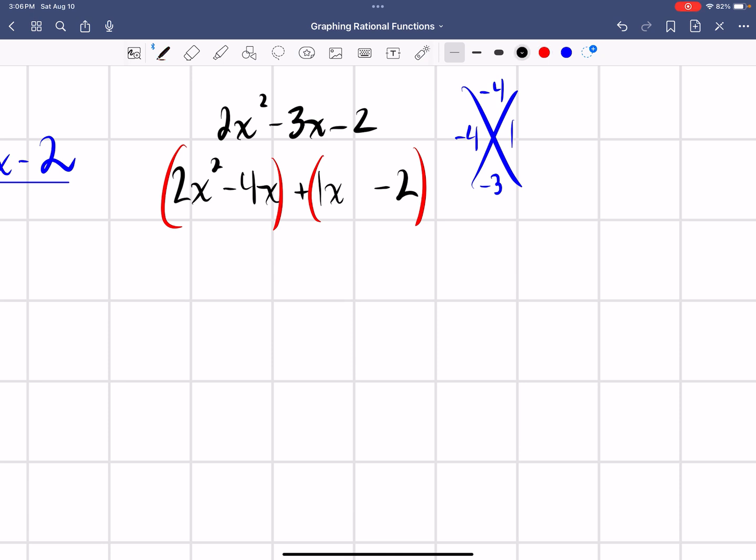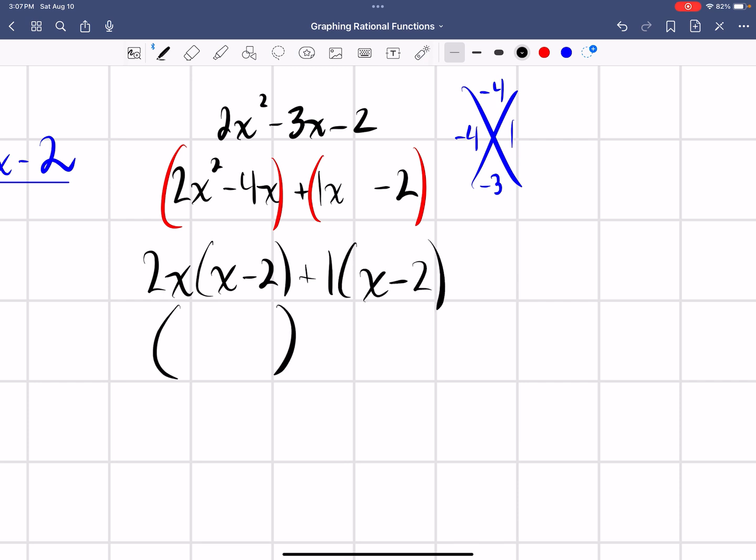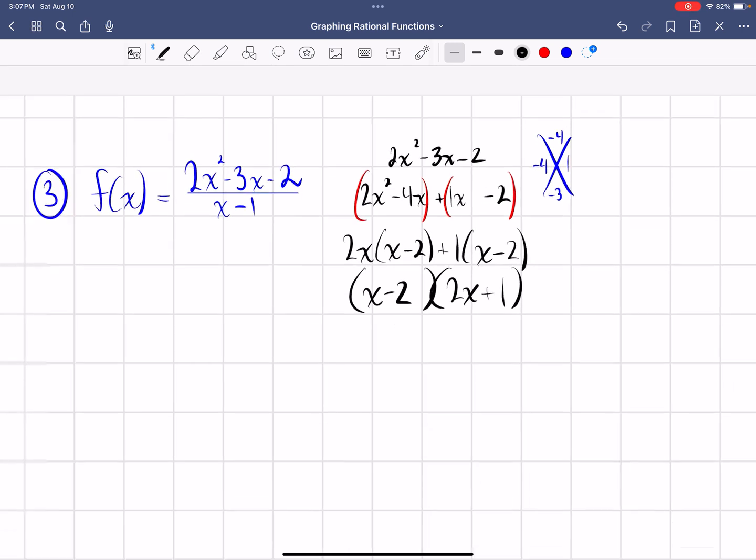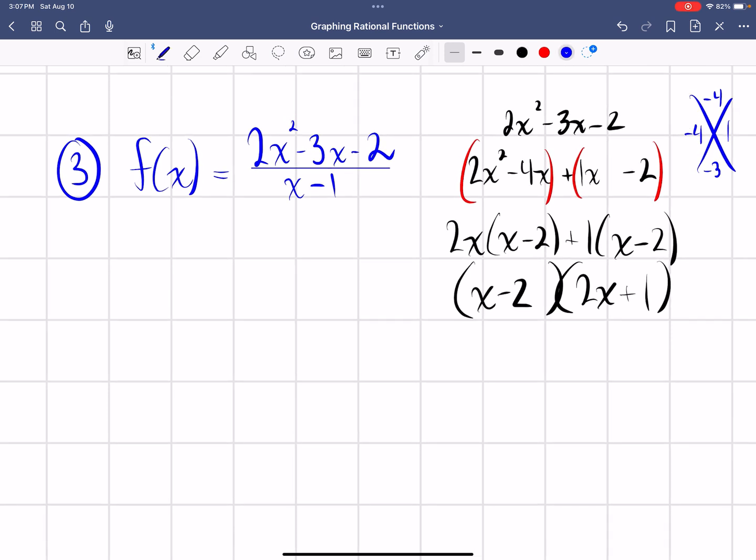So what's the GCF of the first group? That's 2x. What do we have left? x minus 2. GCF of the second group, I'll just pull out a 1 because there's nothing really, and I get x minus 2. What are the two factors? Well, one of them is the thing that appeared twice, x minus 2. The other is the stuff on the outside, so 2x plus 1. Okay. So that's how I like to factor problems like this.